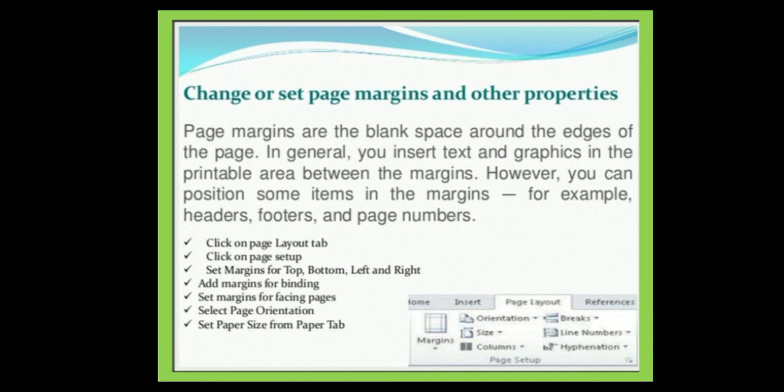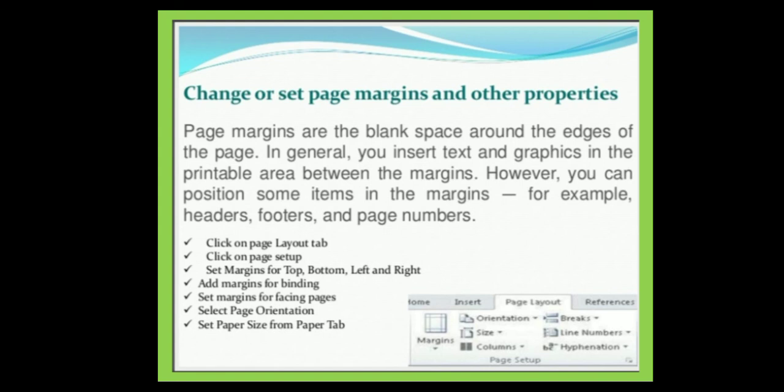Next one, change or set page margin and other properties. Page margins are the blank space around the edge of the page: left, right, top and bottom. Generally you insert text and graphics in the printable area between the margins.